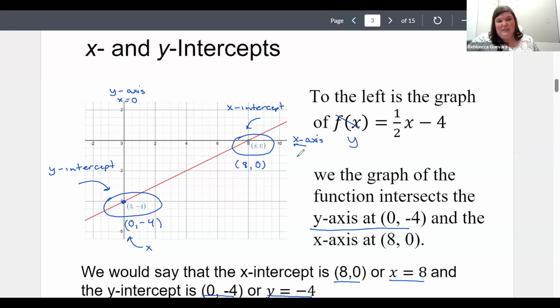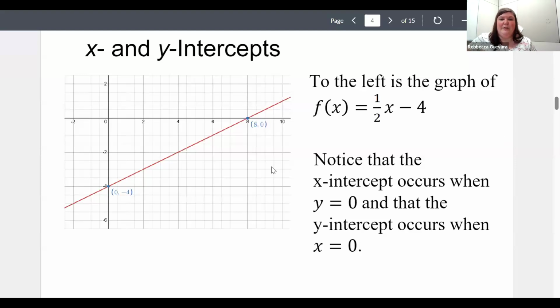When you talk about your x-axis, if you look at that whole line there, you'll realize that this whole line happens when y is 0. So the equation for your x-axis is actually y equals 0. And once again, when you talk about your x-intercept, that is when y is equal to 0.